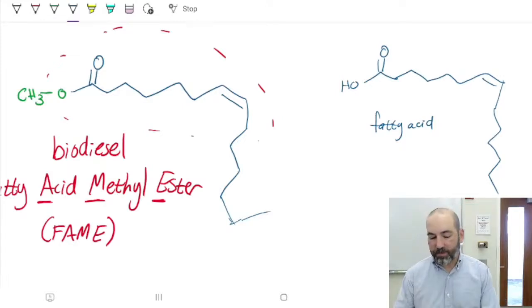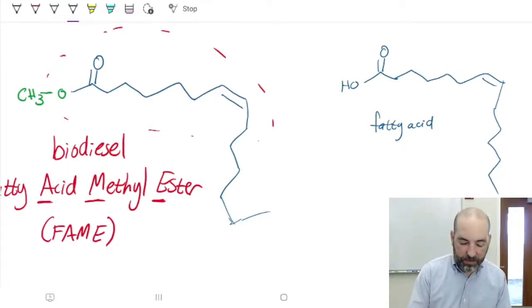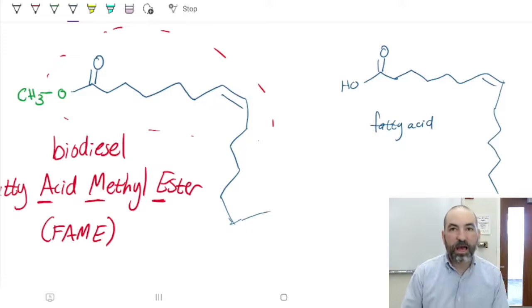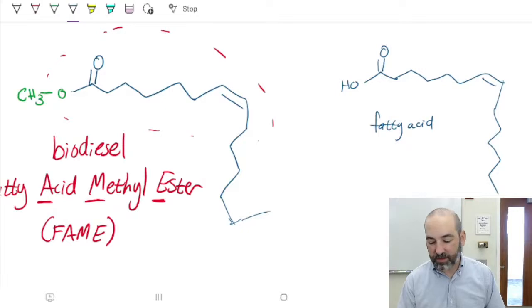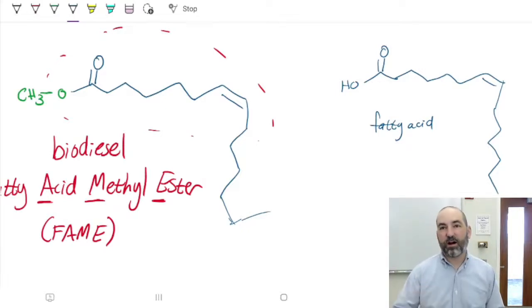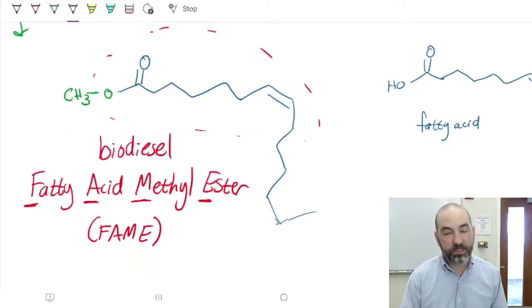Well, when we have this extra little piece on here, now it's going to behave more like a fuel. It's going to be less viscous. It's going to have a lower cloud point, which is where it starts to crystallize when it gets cold. It's not going to clog your fuel lines. If you tried to put something like this fatty acid in a car and actually run it, chances are everything would get gummed up once we get into winter temperatures. But once it has this methyl group here, it changes its properties and allows it to do that.